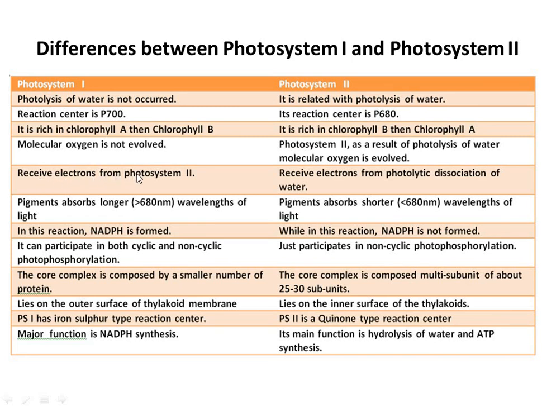PS1 receives electrons from photosystem 2. PS2 receives electrons from the photolysis of water molecules. In PS1, pigments absorb the longer wavelength of light, 700 nanometer. The pigments present in PS2 absorb the shorter wavelength of light energy.